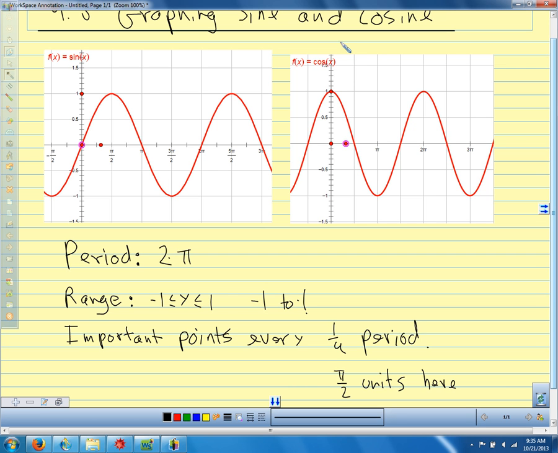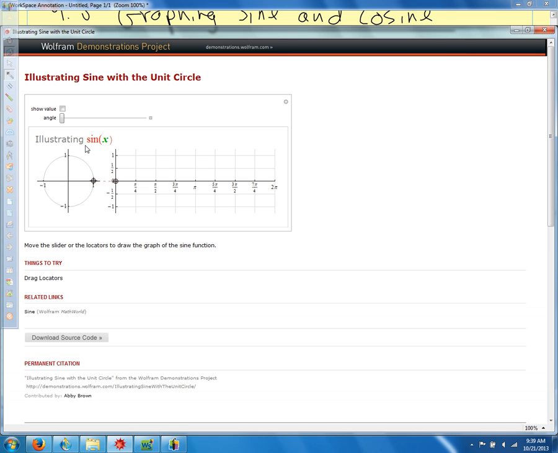Now before we start doing things to our function, I want to show you how these graphs come from the unit circle. So here's a little animation. Here's my unit circle. We're starting here at 0 degrees or 0 radians. And this is my graph. I'm graphing the y coordinate, the sine.